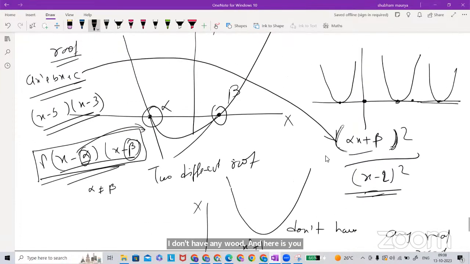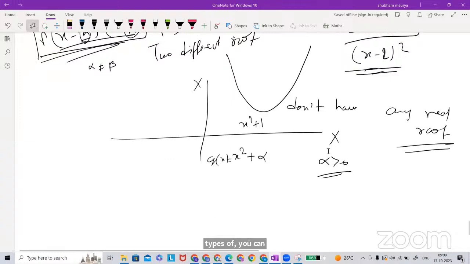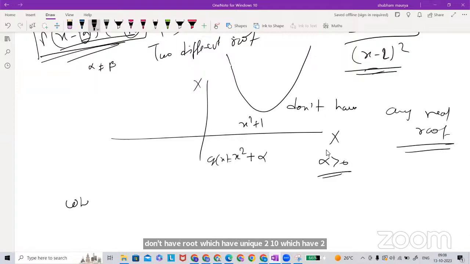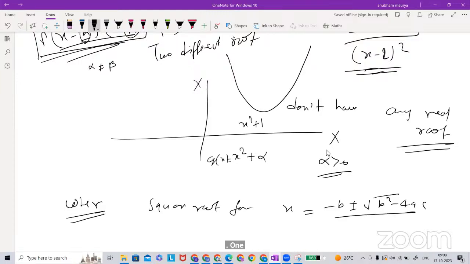This is the way of understanding the roots. So there are 3 types of quadratic you can think of: one that doesn't have a root, one that has a unique root, and one that has 2 different roots. That is one part. Everything will be clear with the quadratic formula, x is equal to minus b plus or minus the square root of b square minus 4ac, upon 2a.